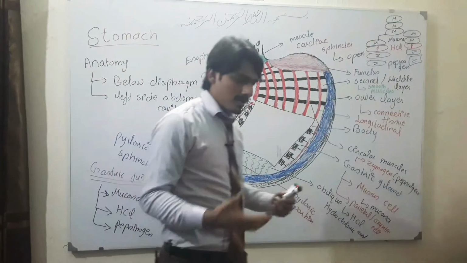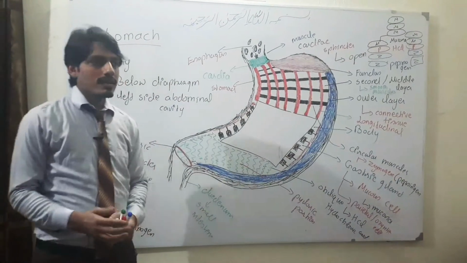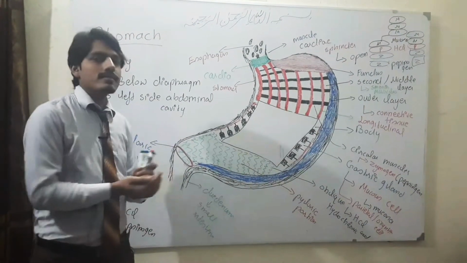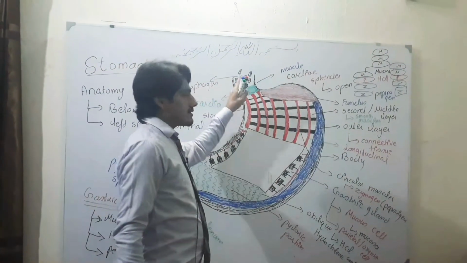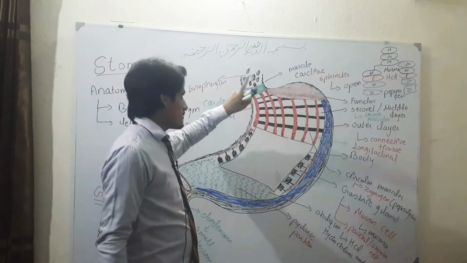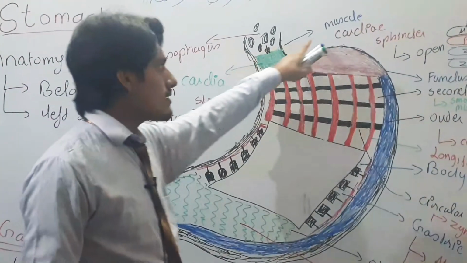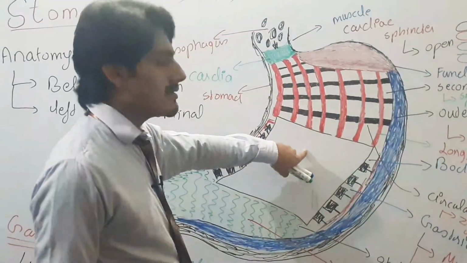Okay, the next step is how food comes inside the stomach and how the gland acts in the body of the stomach. When the food enters through the esophagus into the cardiac sphincter, into the cardia, it moves further downward inside the body.